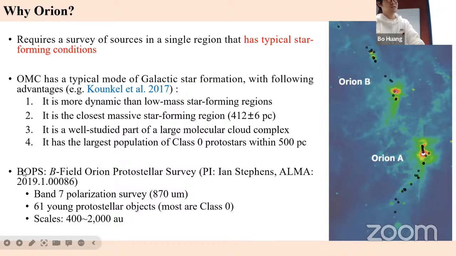After considering these points, the B-field Orion Protostellar Survey was proposed to observe at 870 micron, which is a Band 7 polarization survey, toward 61 young protostellar objects with a scale of 400 to 2000 AU. At these scales, the observation can trace the magnetic field uniformly around the protostar.